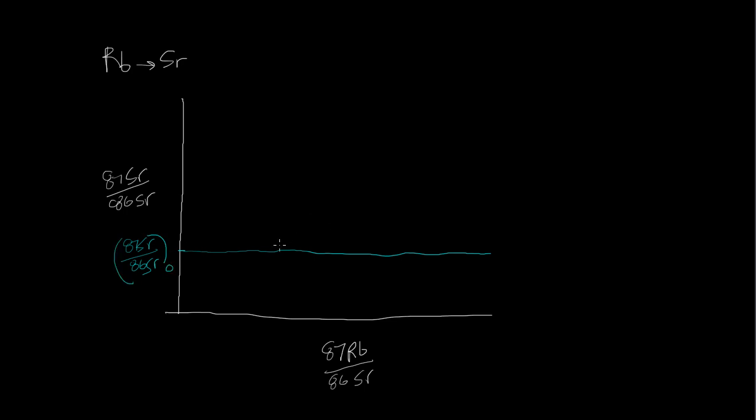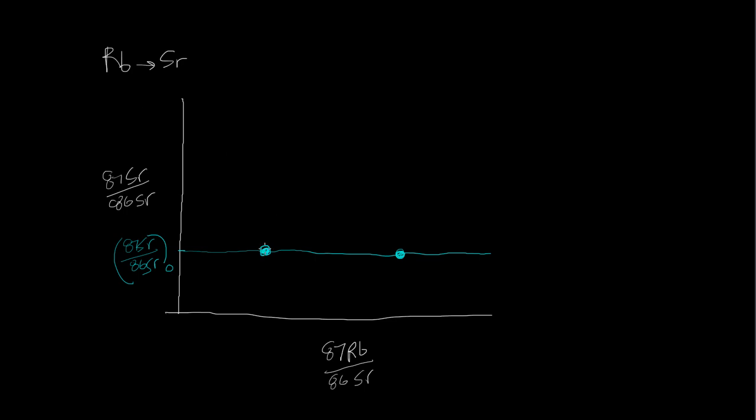And I take two minerals here which differ in the amount of rubidium relative to strontium they have. So in an example, I might take one composition here that is relatively poor in rubidium relative to strontium, where the one over here is more enriched in rubidium relative to strontium. And then I allow this rock to age, and as it ages, the concentrations of rubidium-87 and strontium-87 change as rubidium transforms into strontium, and we can show that evolution along this diagram with a line.